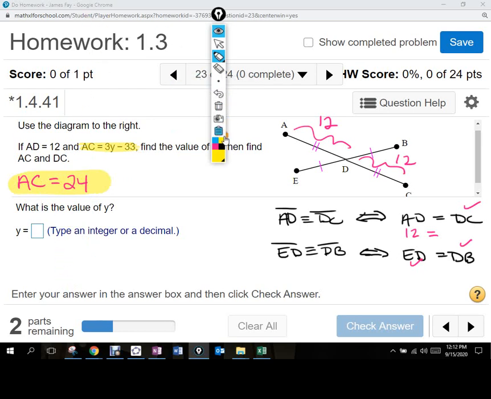So what I'm going to do is create the equation that 3y minus 33, which is AC, is equal to 24, which is another way of identifying AC. If you have multiple ways of identifying the exact same object in different algebraic formats, that's going to allow you to create an equation. So there I'm going to add 33 to both sides and then divide both sides by 3. Is that okay?